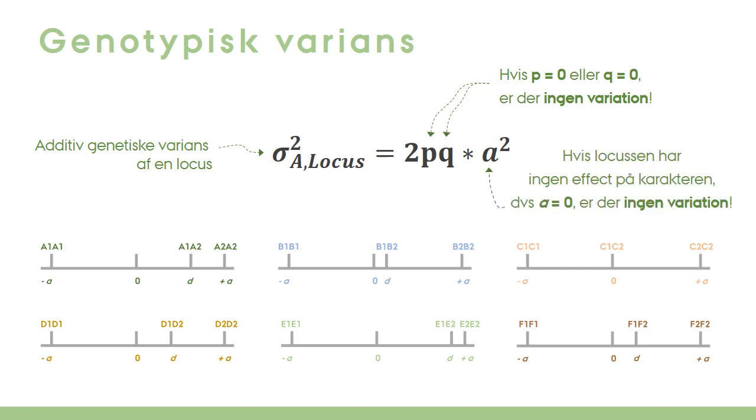And the same counts for when the effect size of an allele is 0. If none of the alleles has an effect on the phenotype, then there's not going to be any genetic variation. Now, you don't have to know this equation for the exam, but it nicely illustrates how these p and q and a influence the additive genetic variation.